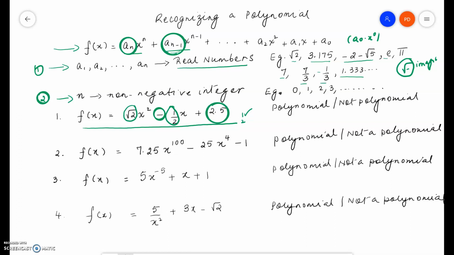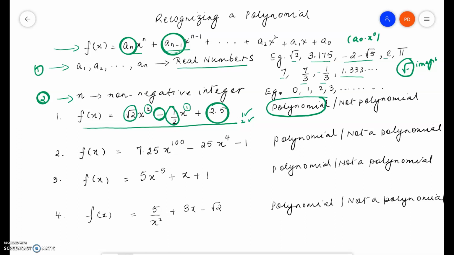The only time a number is not real is when you see an i in it or a square root of a negative number. The second condition is that the exponents on the x terms must all be non-negative whole numbers, and that works as well. So therefore, the first example is a polynomial.